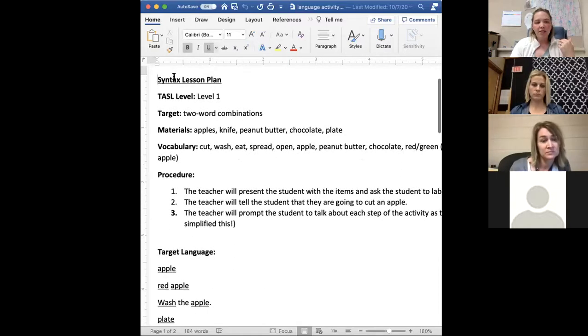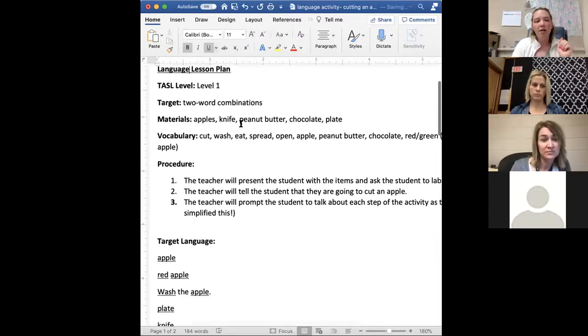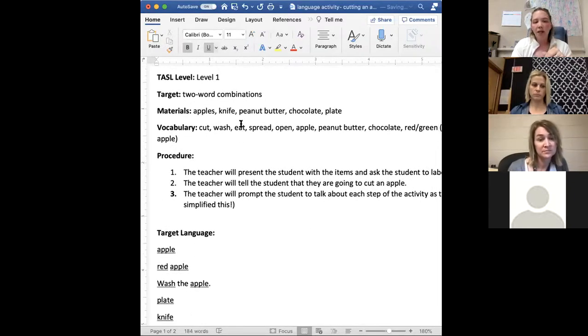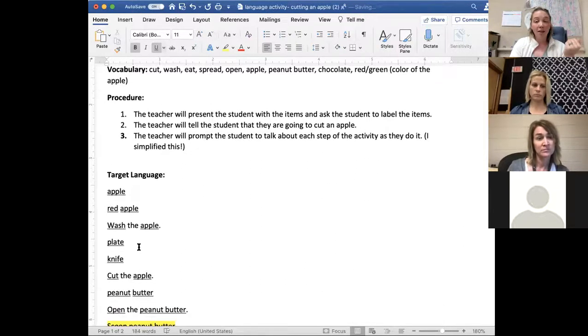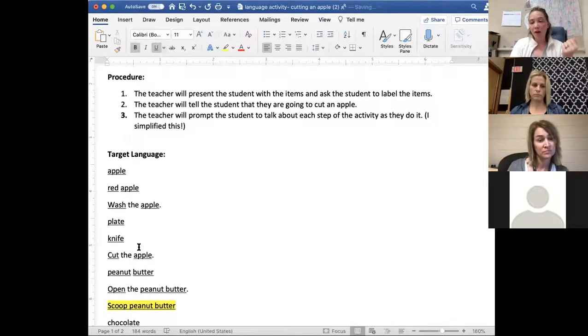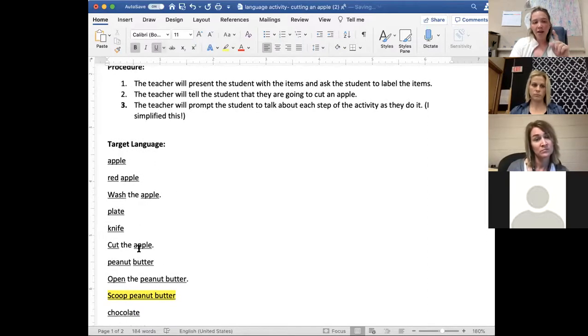So it says syntax, but there should be language. Okay, TASL level 1, 2-word combinations. We're just doing like a peanut butter and apple snack. And so then we just write anything and everything we want to target the child to say.